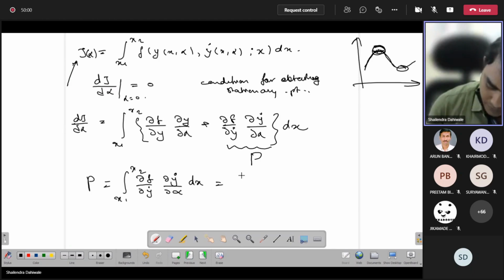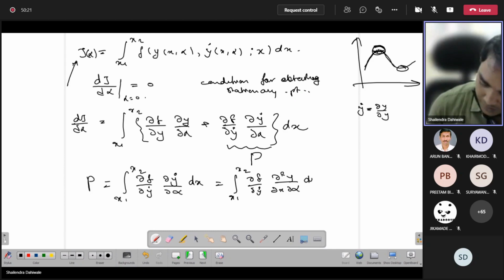And y dot is my del y by del x, so I can write this as the integral from x1 to x2 of del f by del y dot times del 2y by del x del alpha, dx.